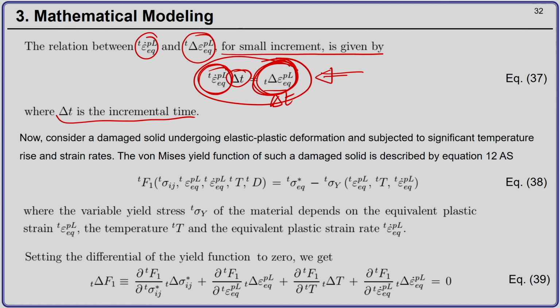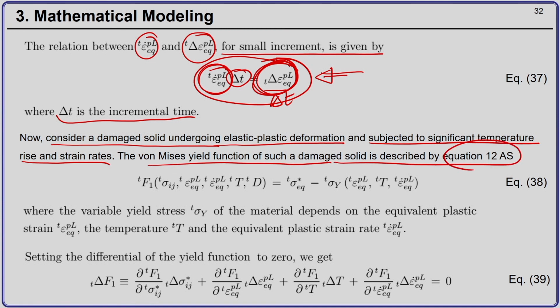Now, we consider a damaged solid undergoing elastoplastic deformation and subjected to significant temperature rise and strain rates. So, the von Mises yield function for a damaged material is given by equation 12 as the following relation.